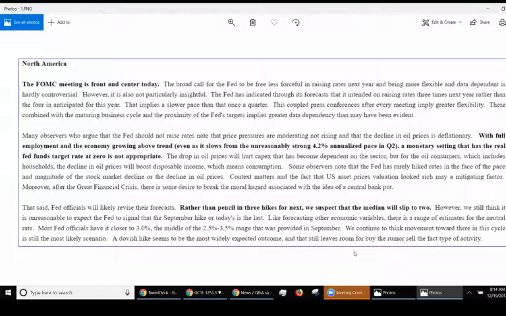So if he says he's going to hike and wants to convey that they reserve the right to back off next year, that it's on their radar to back off next year, as opposed to the fact that they haven't said that they would be backing off at all in any way, shape, or form, it would come out something like, we're hiking, and we're very close to being neutral.